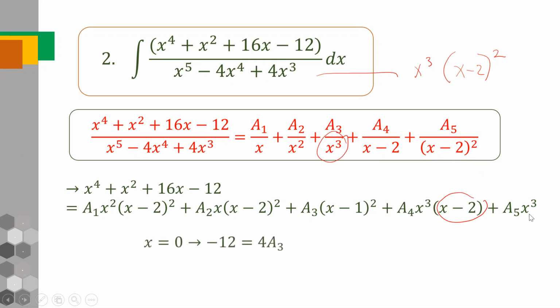So we substitute some values. If x is 0, we are left with a3 as the unknown variable, so we can solve for a3, which is equal to -3. If x equals 2, we can solve for a5, and your a5 is equal to 5.